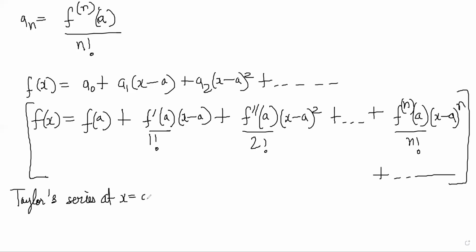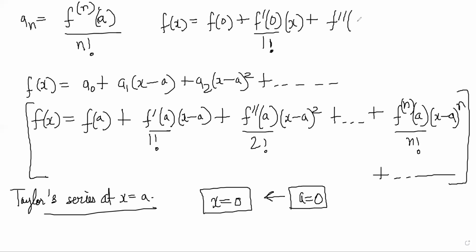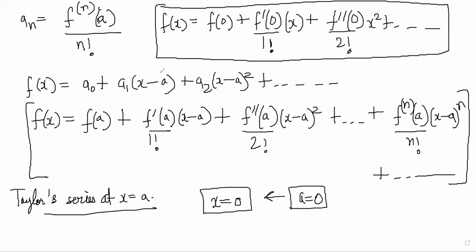If you put a is equal to 0 here, or basically you are doing the Taylor series about the point a is equal to 0, then you get a new series which is called the Maclaurin series, which is given by f of 0 plus f dash 0 by 1 factorial x plus f double dash 0 by 2 factorial x square and so on. So this series is called the Maclaurin series expansion. Now, what is the purpose of these expansions? These expansions help us do many things.